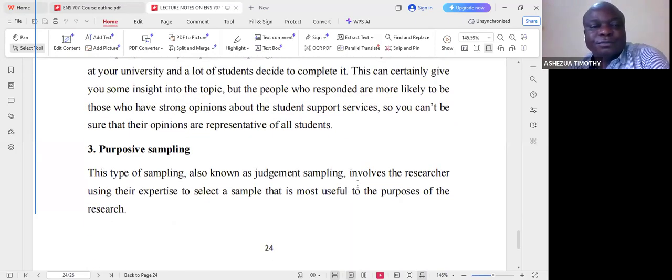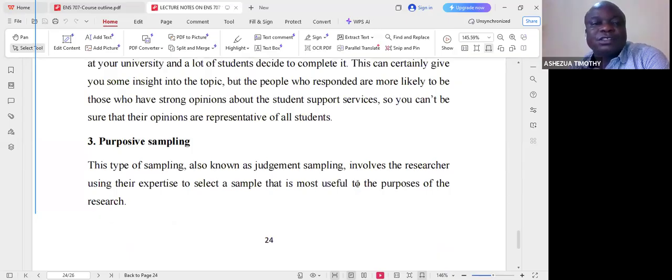Purposive sampling. This type of sampling, also known as judgment sampling, involves the researcher using their expertise to select a sample that is most useful to the research.